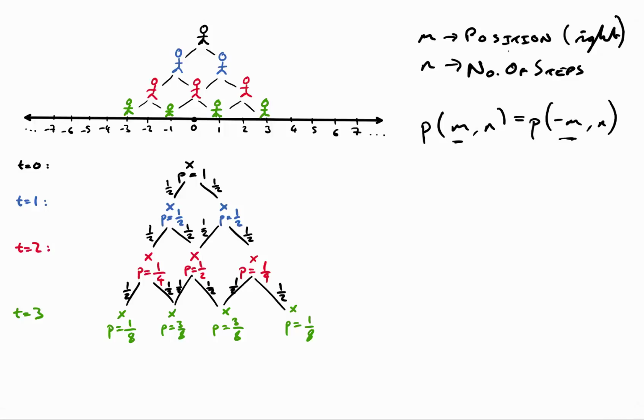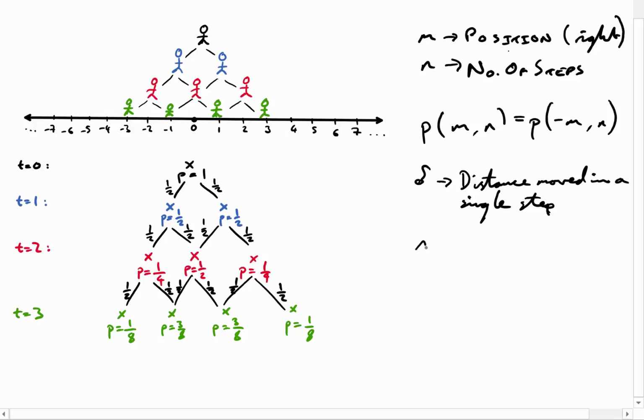Okay, so let me define these things in a little bit more detail now. Delta is the distance moved in a single step. I'm also going to define tau as the time taken for a single step.